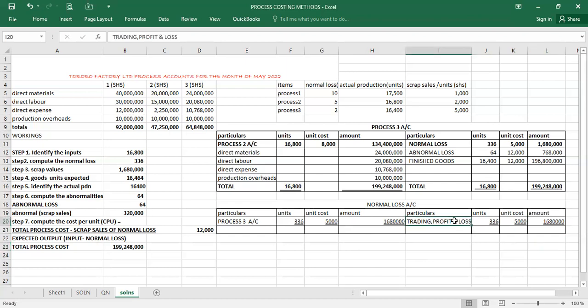Of course, this one we don't take it to that side. No, this one, the way we close off these normal losses, it depends on where we are going to be including these figures. Remember, these accounts, for these normal losses, they form part of the cost of the items.